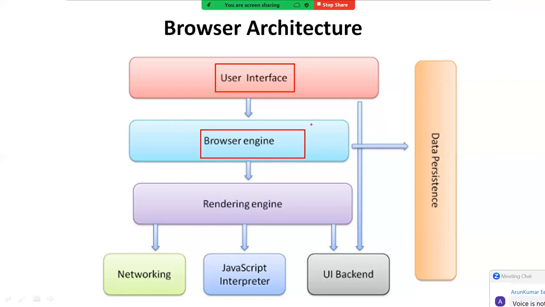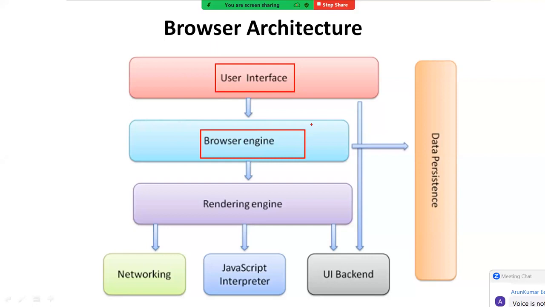What is UI? UI is nothing but the user interface that any user will view when he opens the browser. It contains the title bar, menu bar, and all these things. And what is the browser engine? It is an engine responsible for translating HTML.